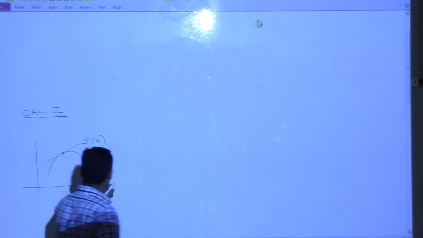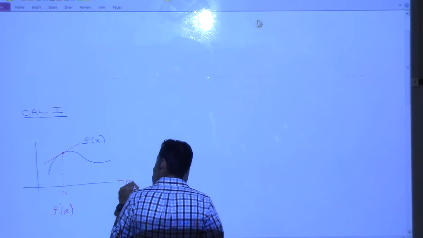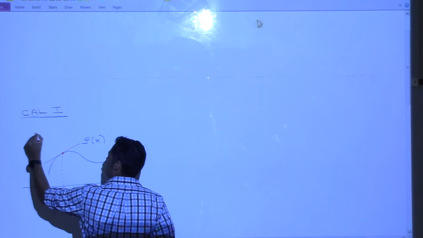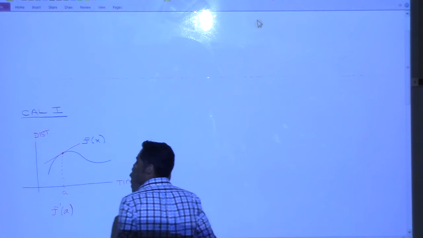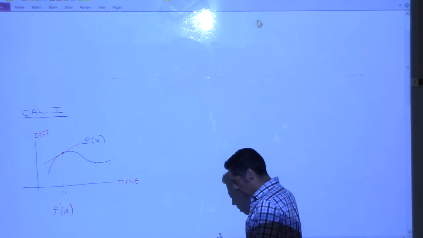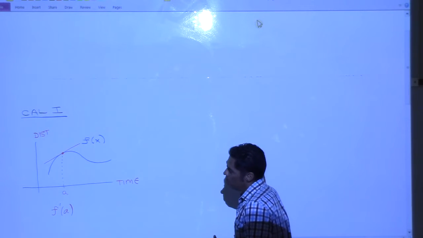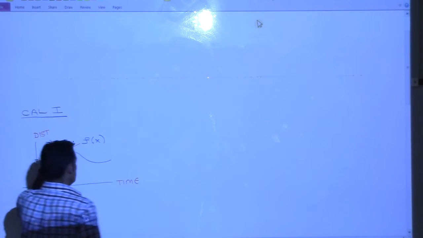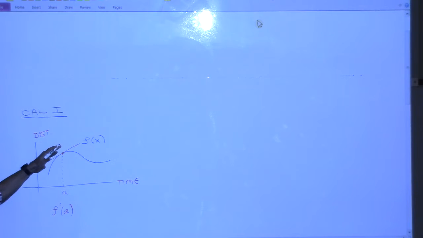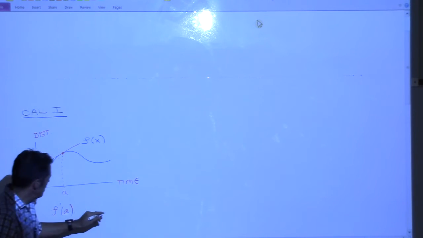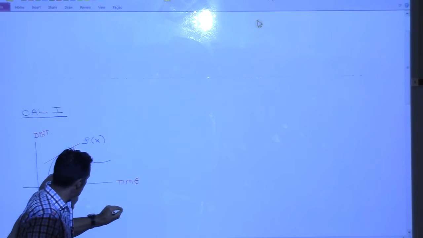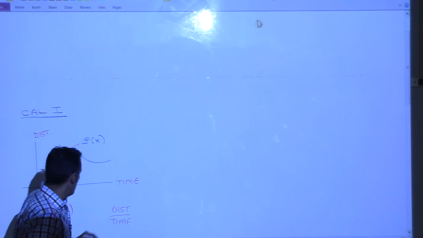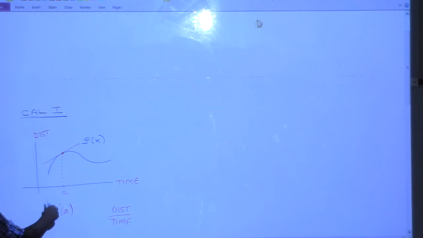And that slope can have a lot of different meanings. If this is time, and this is the distance something has traveled, then the slope of that line will be a rise over run, right? Slope is rise over run, so it gives you information about distance over time at a specific point, which relates to speed or velocity.